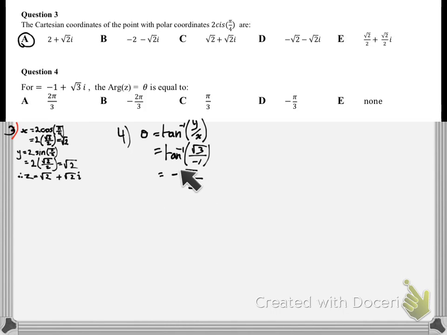Now the calculator is going to give you negative pi on 3 as your result. But we have to do a quick check of the unit circle, and for a negative real and a positive imaginary, it's over in the second quadrant. So we have to correct this angle by adding pi to it, to get it from the fourth quadrant back to the second quadrant. And there's the 2 pi on 3, which is option A.